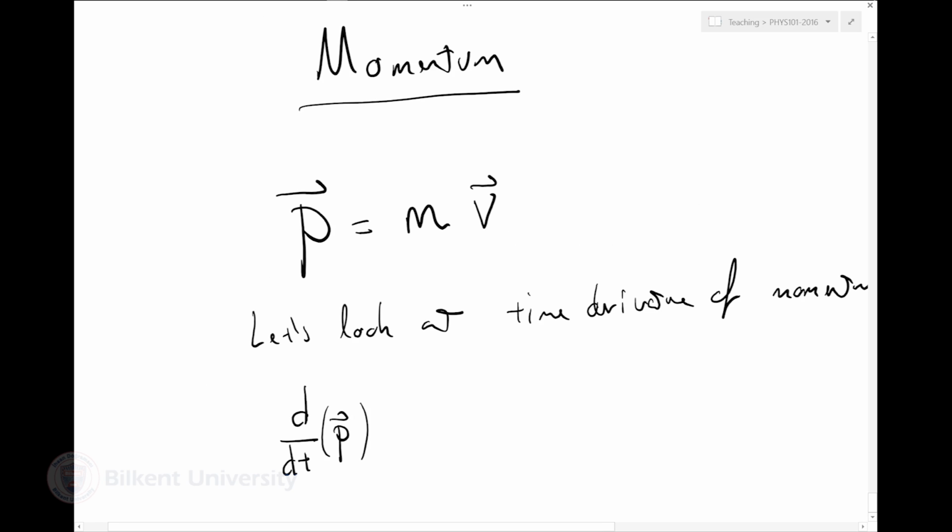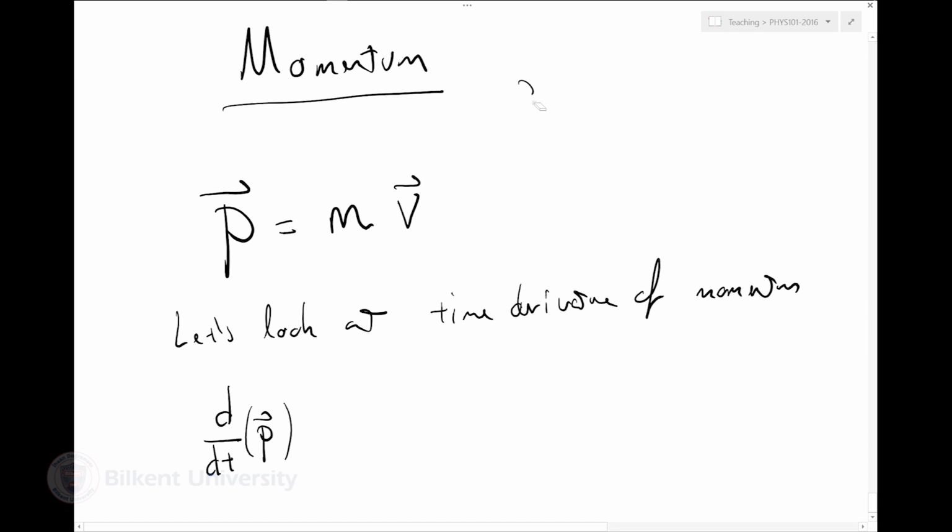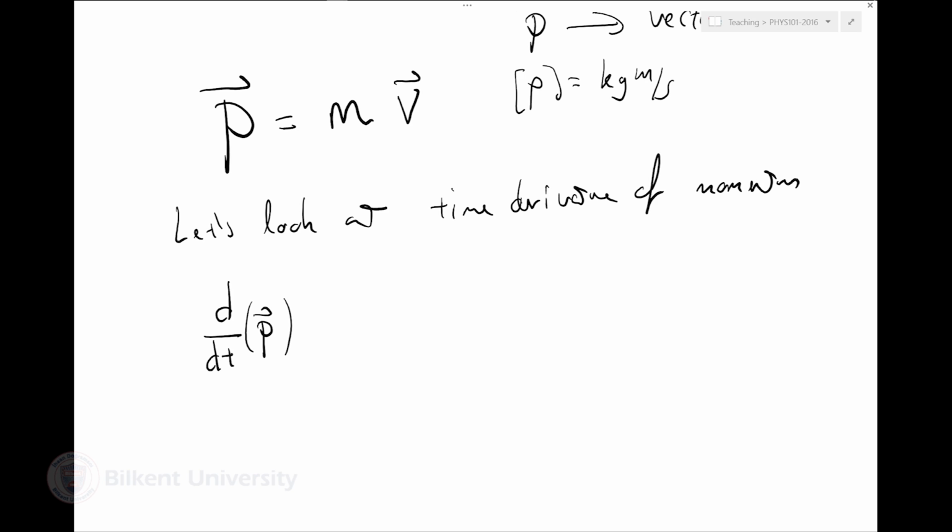By the way, of course, momentum is a vector because it's a scalar times the vector velocity. And what should be the unit? Well, clearly, it should be kilogram meters per second. Thankfully, it doesn't get a name. We don't call it Ahmet or Mehmet or something. Okay, kilogram meters per second.